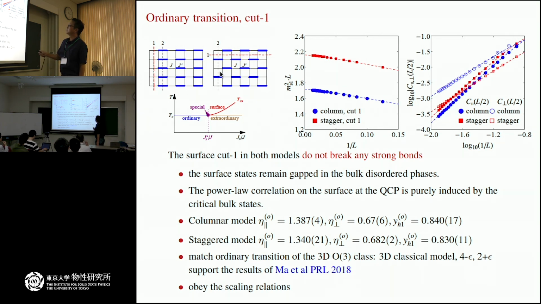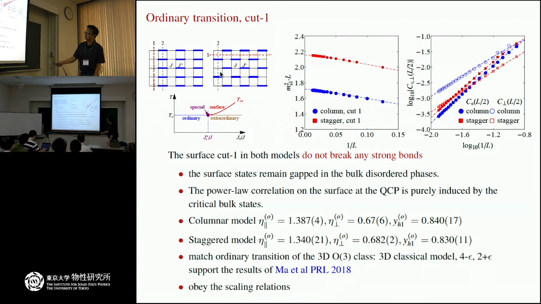The blue ones are for the columnar case, red are for the staggered case. This is a log plot for C parallel and C perp. You can see a very good power-law behavior, and we can estimate eta ordinary and eta perp ordinary.